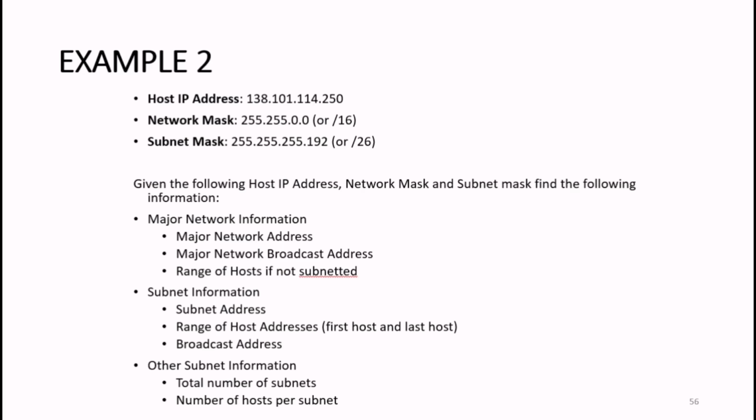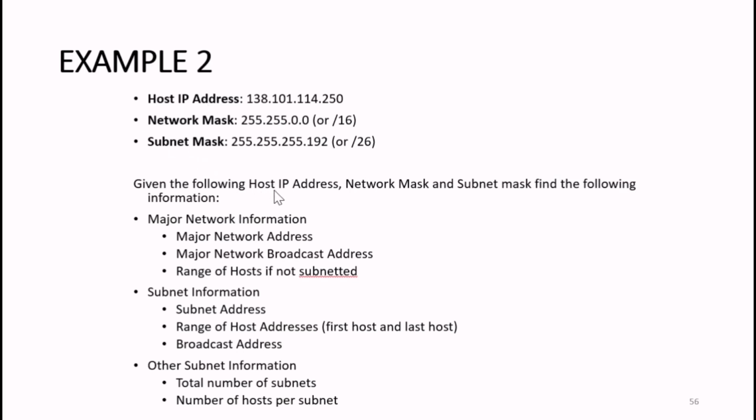Let's look into another example, number 2. In this question, they gave you the host IP address, network mask, and subnet mask. From this information, we know that this is a class B network.